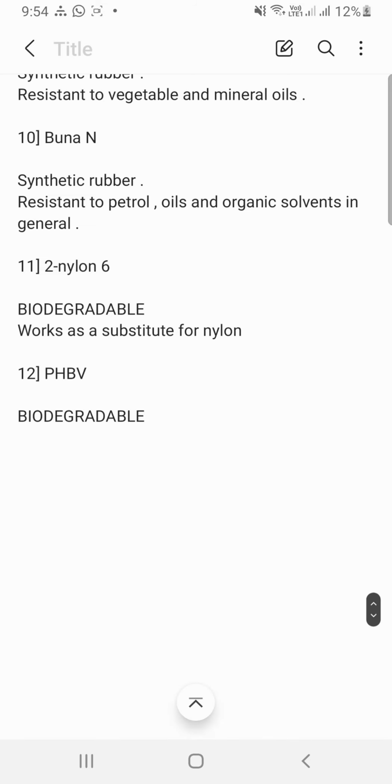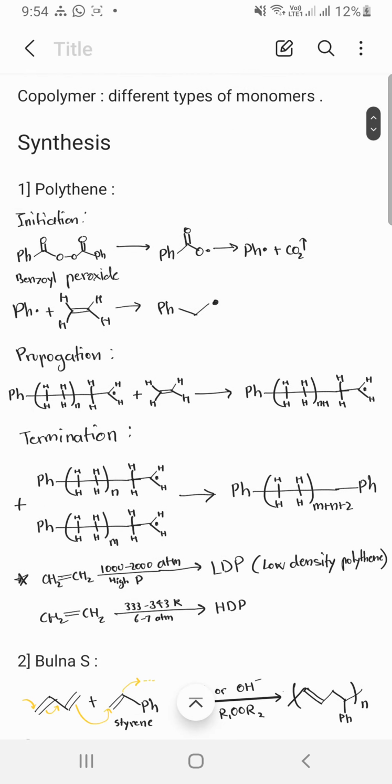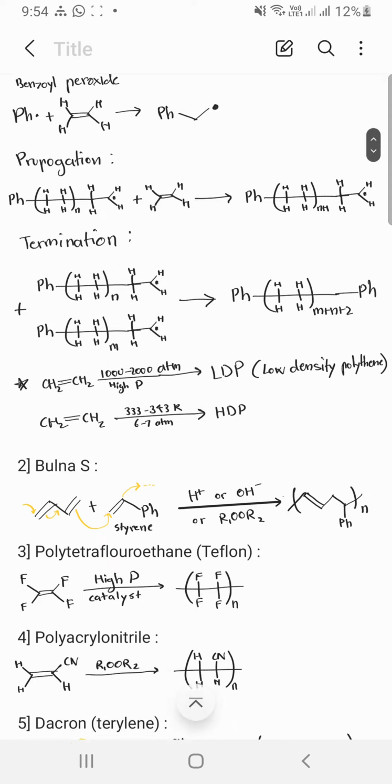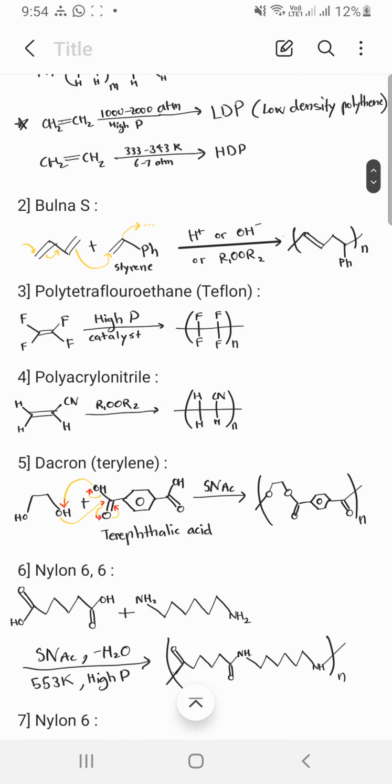Polymers. Okay, let's do that as well. Polythene, benzoyl peroxide, radical initiator. That's what I was talking about. Low density and high density chains and all that.